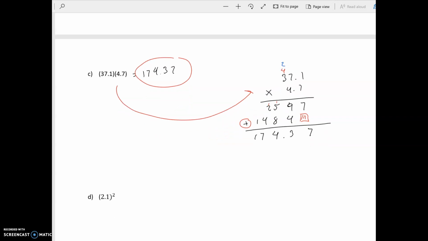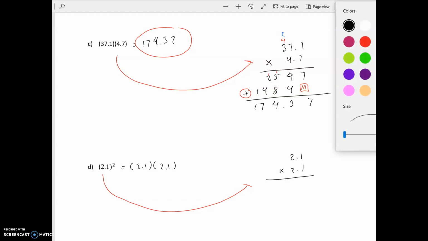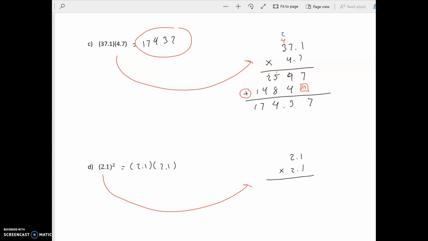Okay, let's go to the next one, which is D. And before we do anything with D, keep in mind that this one represents 2.1 times 2.1. So very similar to the previous multiplication. Let me do the work on the side. As we multiply the first value of the 1, this is going to be, technically, 21.